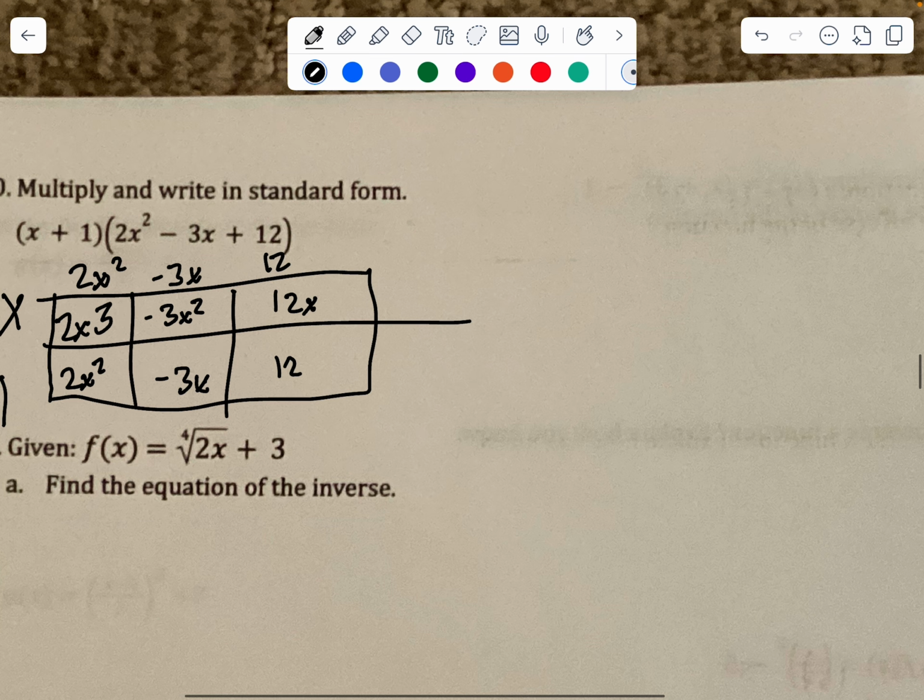Alright, so standard form would be 2x cubed minus x squared plus 9x plus 12.